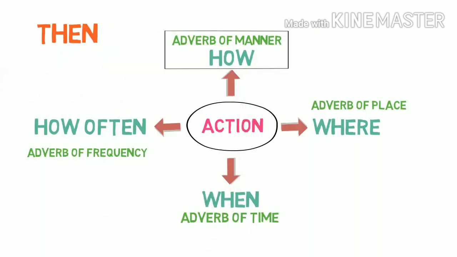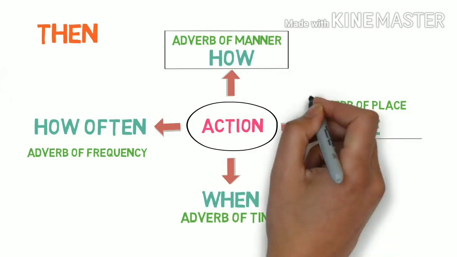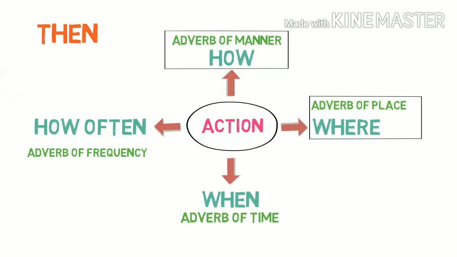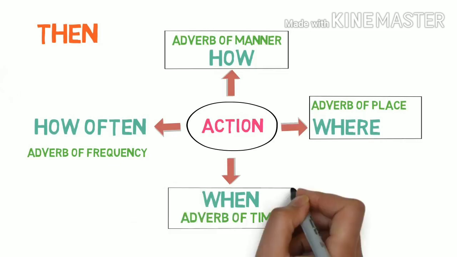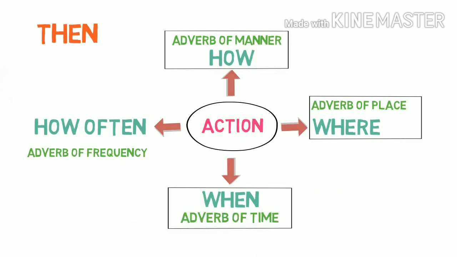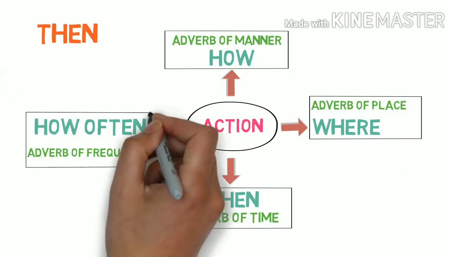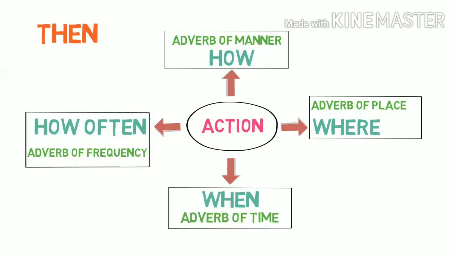Adverb of manner, which describes how an action happened. Adverb of place, which describes where an action happened. Adverb of time, which describes when an action happened. And adverb of frequency, which describes how often the action took place. Remember these four types of adverbs.